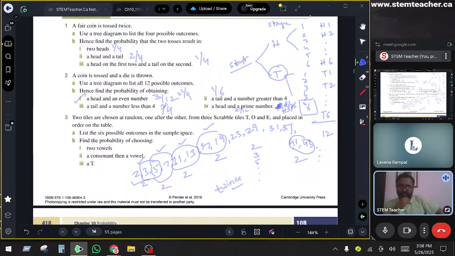Two tiles are chosen at random, one after the other, from the three Scrabble tiles T, O, and E, and placed in order on the table. List the 6 possible outcomes of the sample space. What is the sample space? Please explain this problem. What is a sample space?